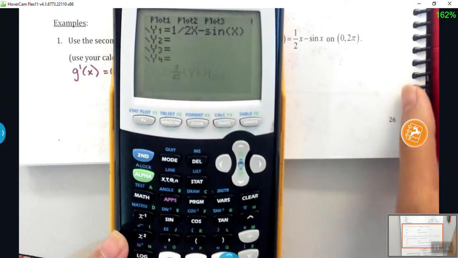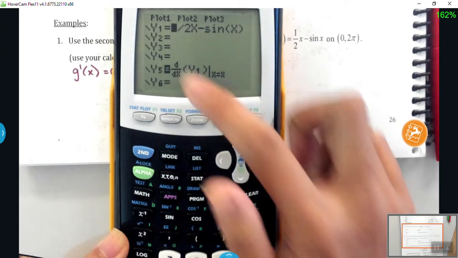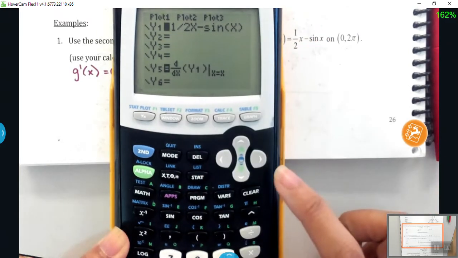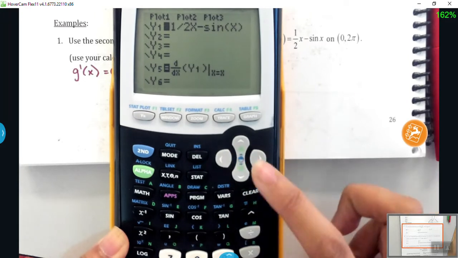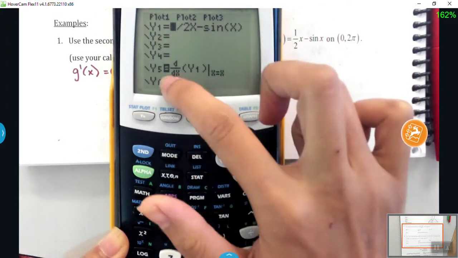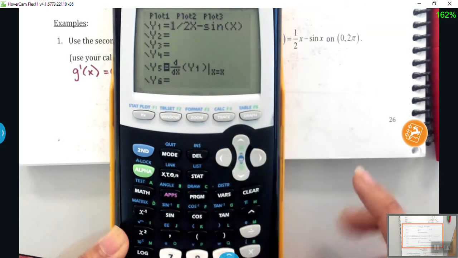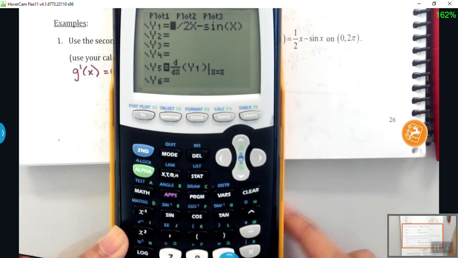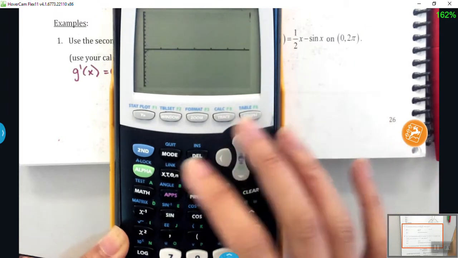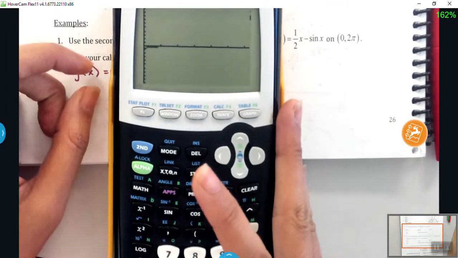You go back up and you highlight over this equal sign and you press enter and you wait until it's like not have that square, you know, when you move off of it. Okay, should be graphed for you. Everybody good?